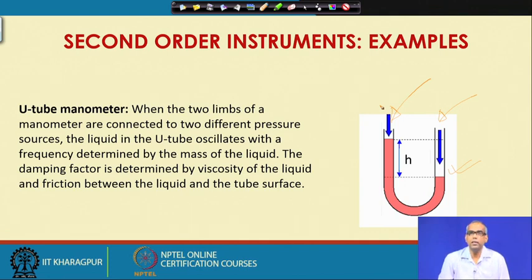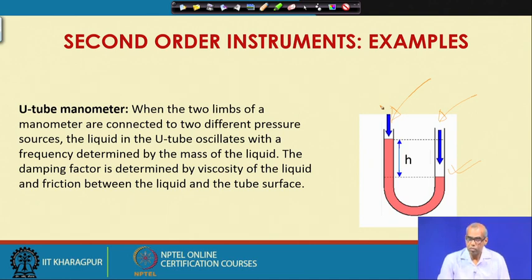These two limbs are connected to different pressure sources. If the limbs are connected to two different pressure sources, the level of mercury in both the limbs will be different. If both the limbs are connected to the same pressure source, let us say both the limbs are open to atmosphere, that means same pressure is being applied on both the limbs, then there will not be any level difference in the U-tube manometer.